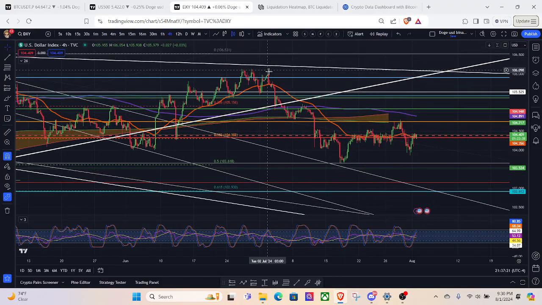So since the end of June, basically, the DXY has been in a downtrend, which is actually kind of strange considering Bitcoin did have a decent move up, but the stock market is actually coming down and has been coming down for a couple of weeks.